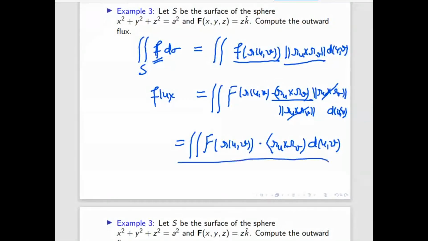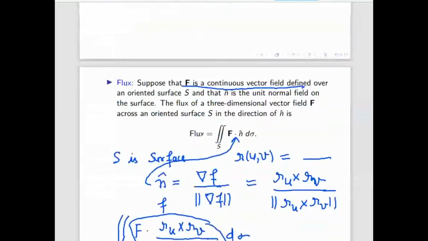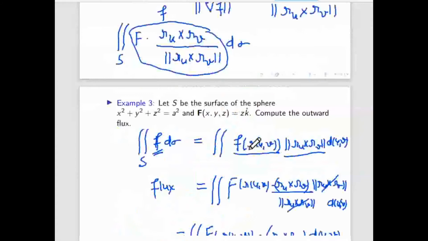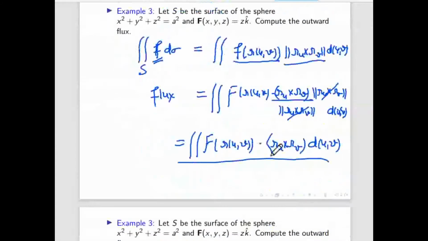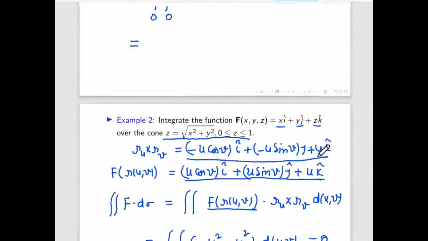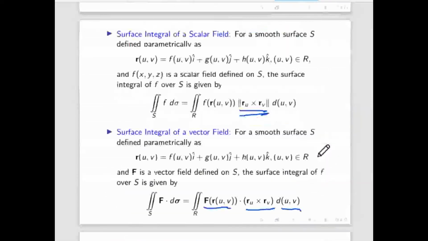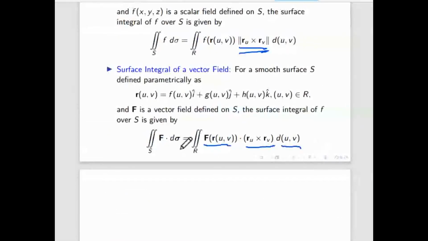So whenever you want to calculate the flux, either you can use the definition, F dot n cap d sigma, or you can use this one, F(r(u, v)) dot Ru cross Rv du dv. It is the same as the surface integral over a vector field; F dot d sigma is the same as flux.